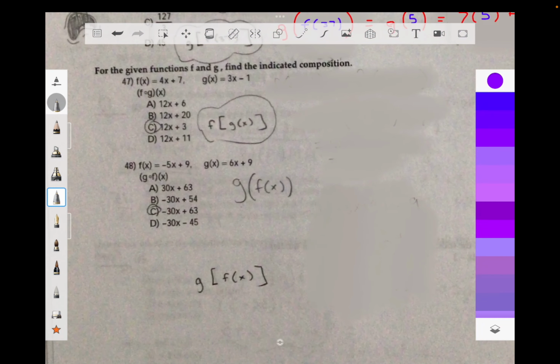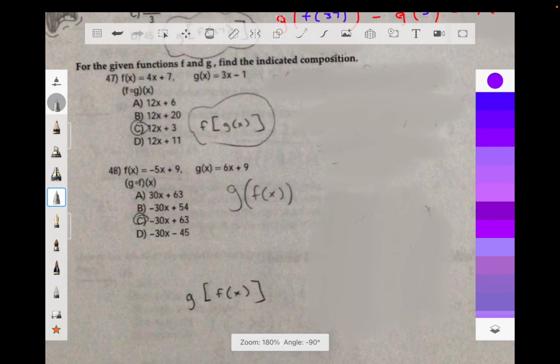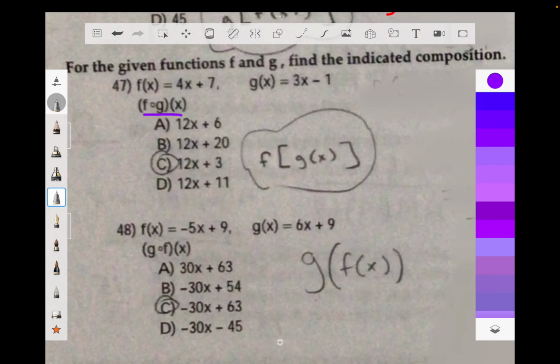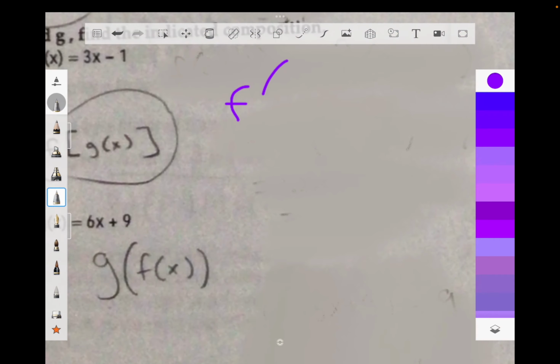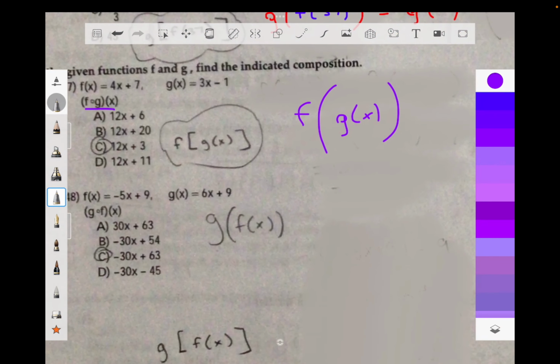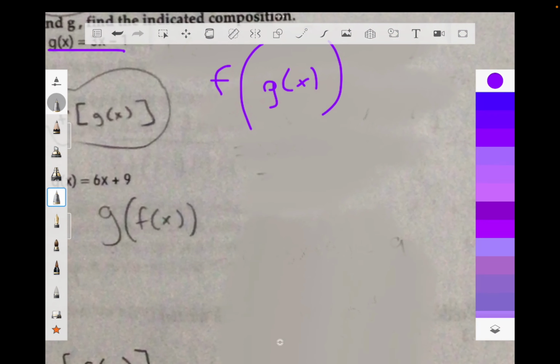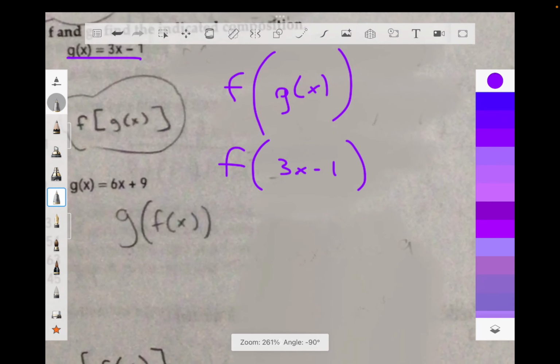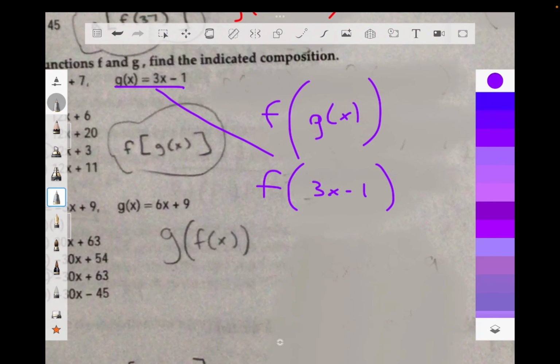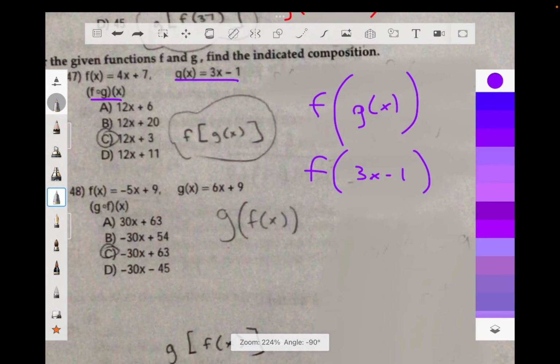This one doesn't use numbers, it's just combining like terms. So again, it's using f of g of x. So in this case, now f is the bigger one, g is the smaller one. Nothing to plug in. G of x is 3x minus 1. So it's saying f of 3x minus 1, because g of x is 3x minus 1. Just plug that in there. And then f of x is 4x plus 7 right here.